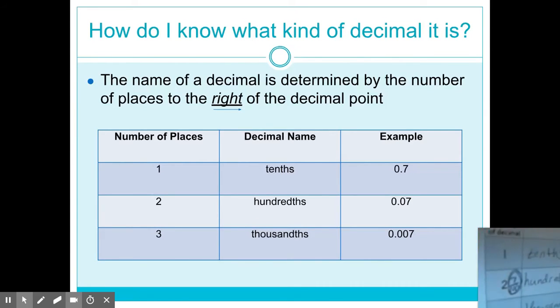I wrote 7/100ths. It is 7 over 100. See those 2 zeros? Those 2 zeros mean there are 2 places for that number after the decimal. 7/100ths. Now let's look at the very last one.